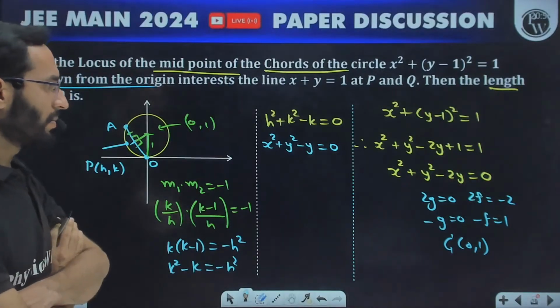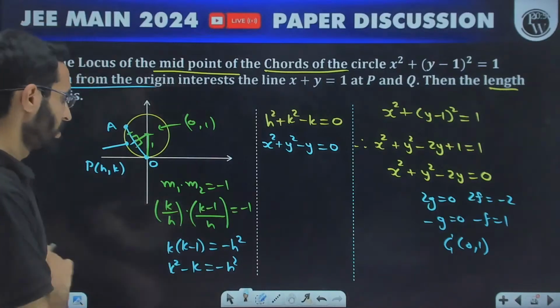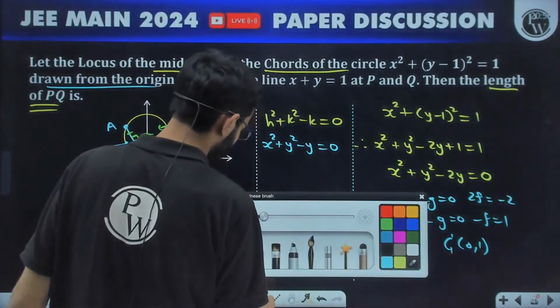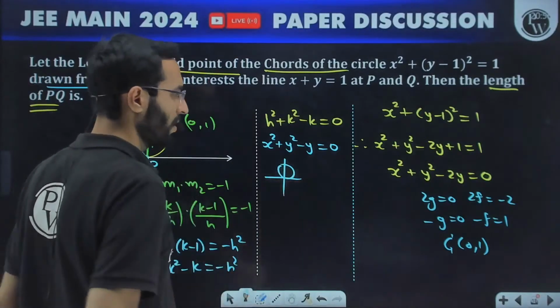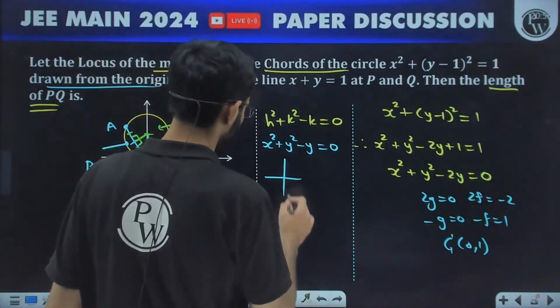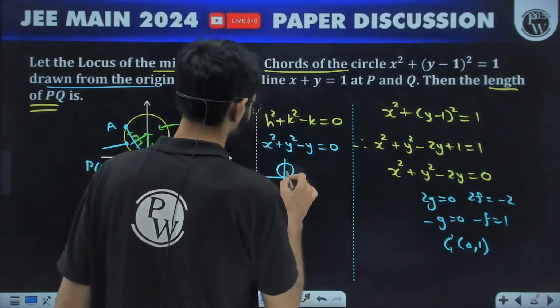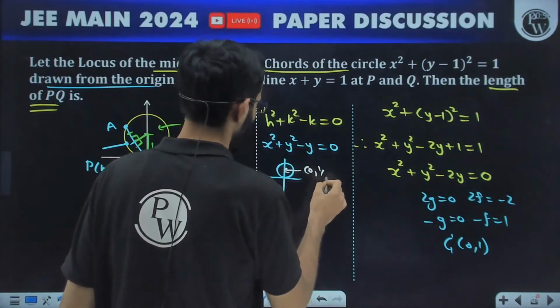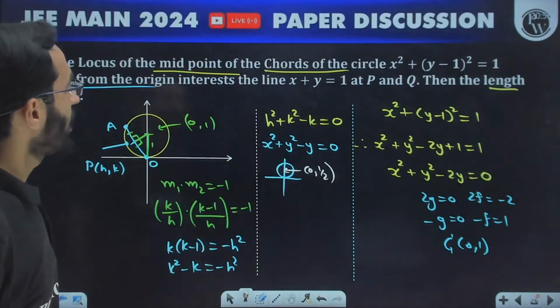If you check, g will become 0 and f will become minus 1/2. It is a circle passing through origin, having center (0, 1/2) and radius also 1/2. Okay, now this is the locus.